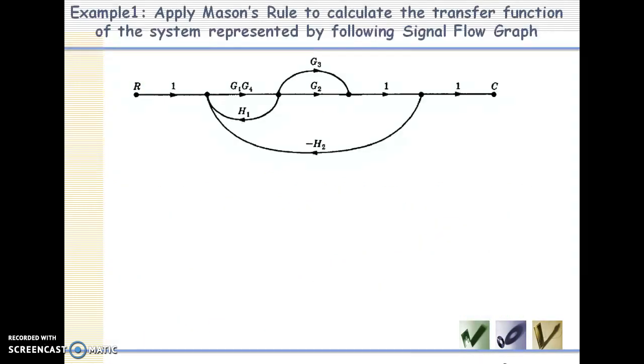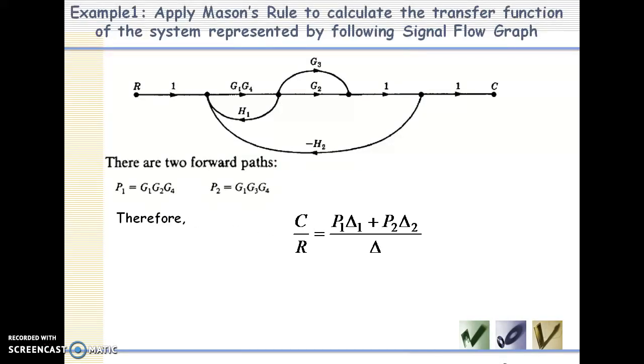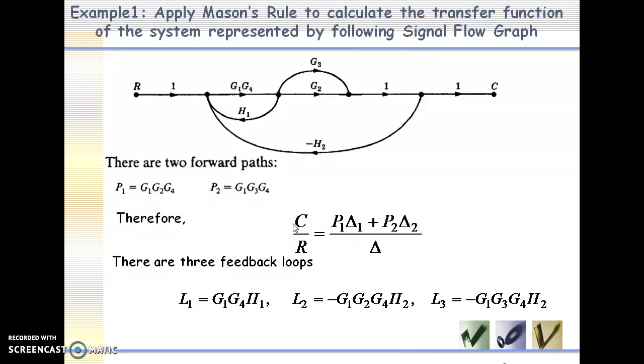Now, let's see an example. In this example, we have to apply Mason's rule to calculate the transfer function of the system represented by the signal flow graph shown in the figure. The first step is to find the forward paths of this given diagram. Looking at this diagram, there are basically two forward paths.